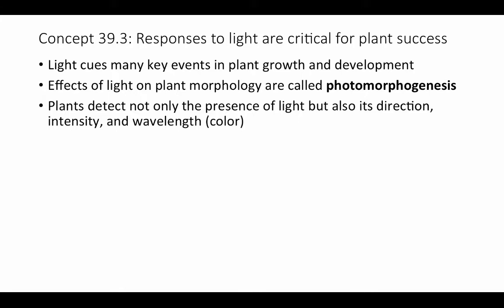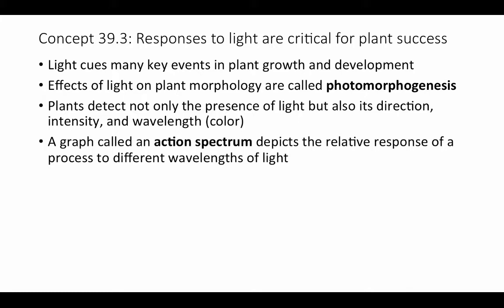We saw a little bit about how plants detect the direction last time when we thought about phototropism. And as we saw way back when we were first looking at photosynthesis, this graph known as an action spectrum is a good way of depicting the relative response of a process to different wavelengths of light. So light is separated into its different wavelengths, different colors of light.